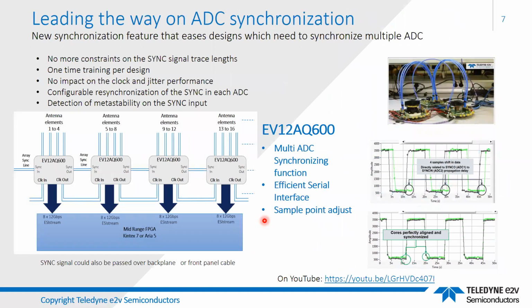Here on the left, you can see a typical phased array system with 16 elements to the antenna. Already, this is showing that the AQ600 can be used to interface a 16-element antenna to a mid-range FPGA.